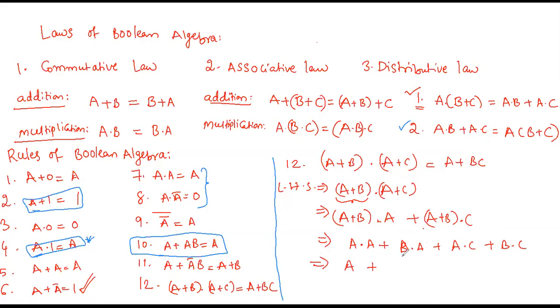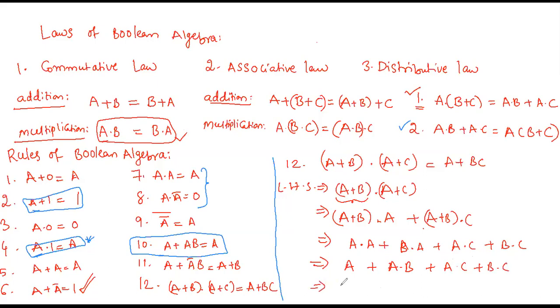B into A or A into B, both are the same. You can write in any order. Order does not matter here. You can write A into B, AC, BC.